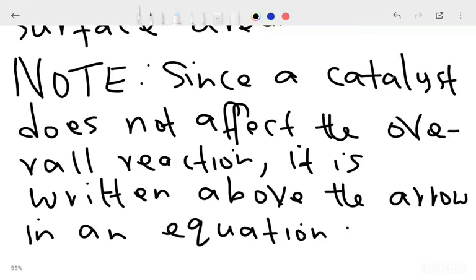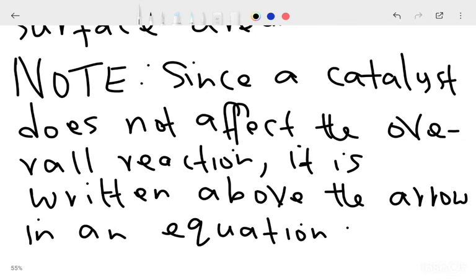Are you getting it? So for you to identify a catalyst, anything that is above the arrow, at the top of the arrow, is the catalyst. Okay, so these are the characteristics of a catalyst.